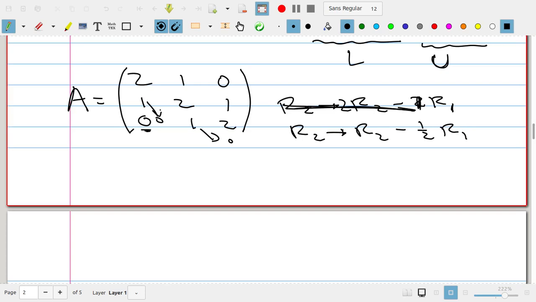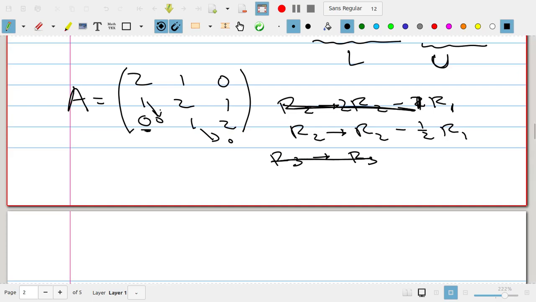So what you're doing is subtracting half of the first row from the second row, and to bring this to 0, you have to do R3 goes to R3 minus half R2.